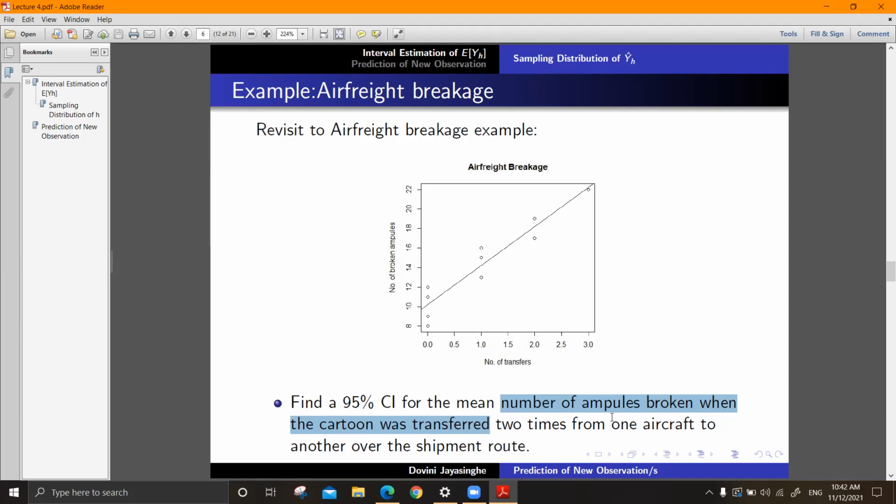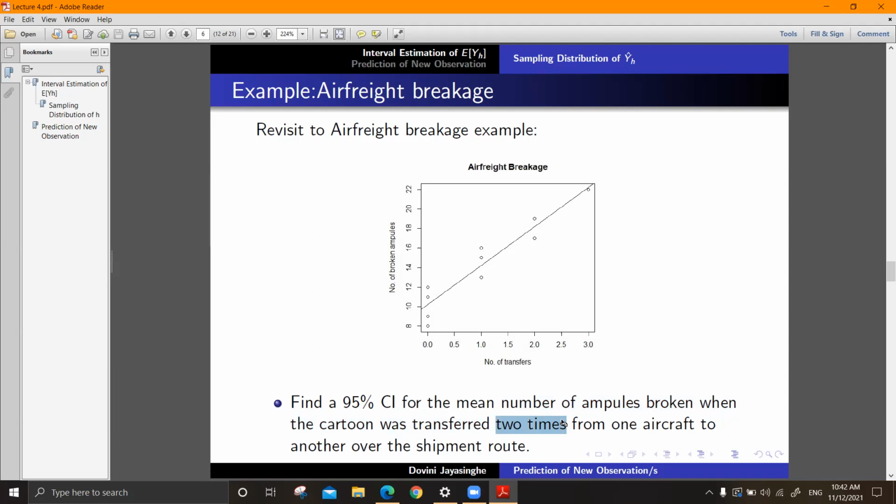That is basically the process here. So the number of times that the ampule is transferred over the shipment route. Shipment doesn't have to be a ship, it can be a flight, a ship, anything, right? So the number of times is your X. Did you recognize that?